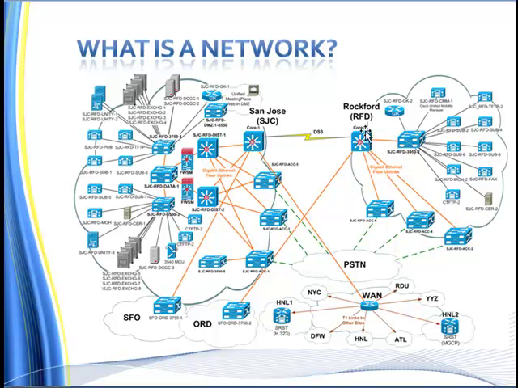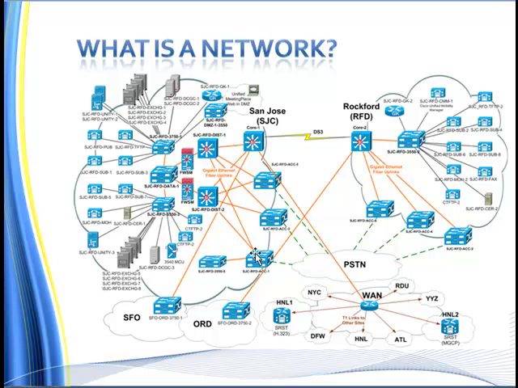We've got another multi-layer switch router connecting a DS3 from Rockford to San Jose, and then we've got another WAN connection from San Jose down here. It looks like to Dallas, or actually this is just a depiction of the WAN that connects New York and Honolulu and Dallas-Fort Worth, Atlanta, all these different places.